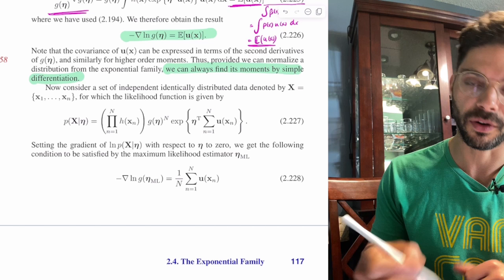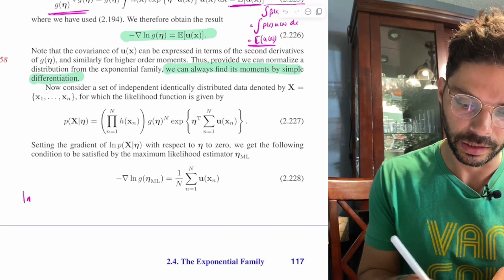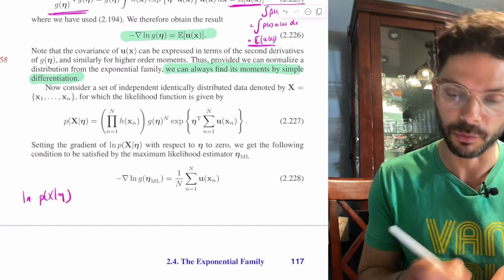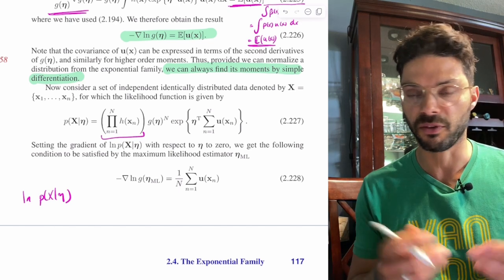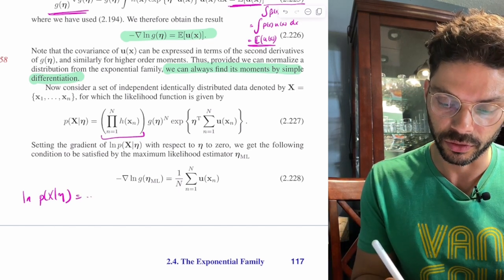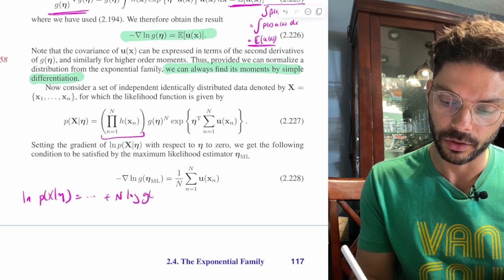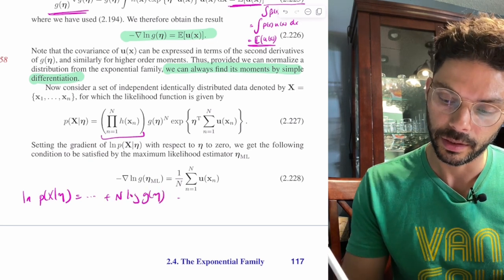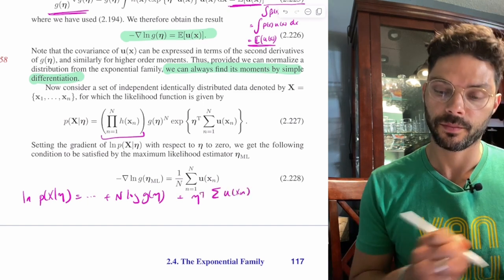So the first thing we'll do is we'll just take the log. So ln p of x given eta, and we'll just drop the terms that don't have eta in them. So this thing is going to contribute some terms, but we don't care, is equal to dot dot dot plus n log g of eta plus eta transpose sum, right?